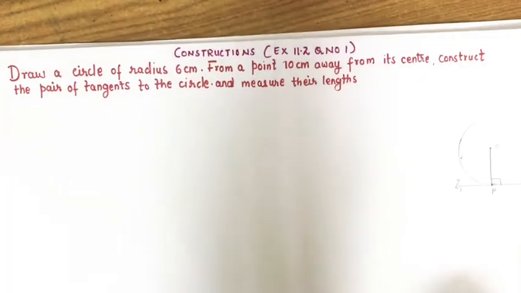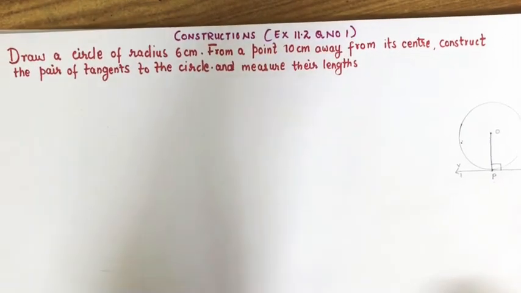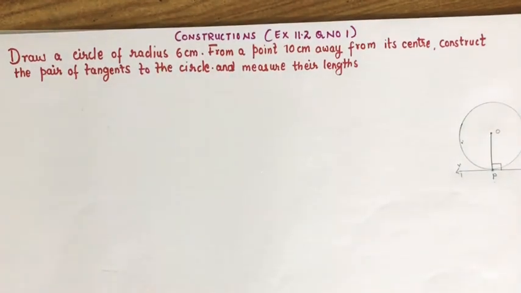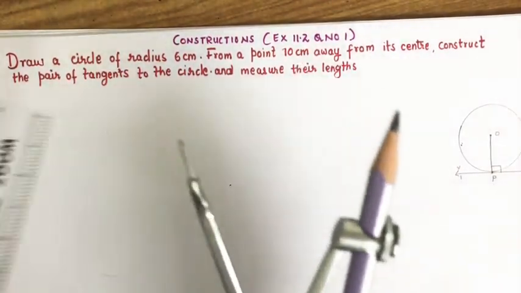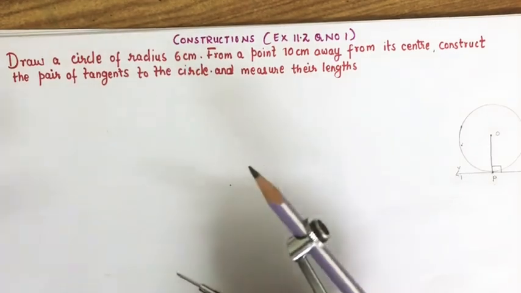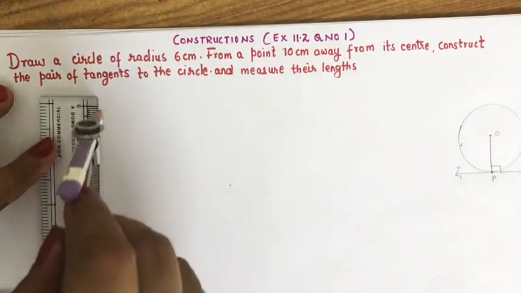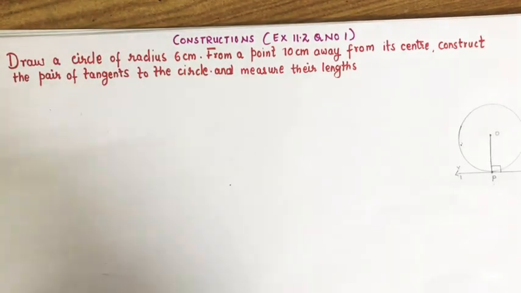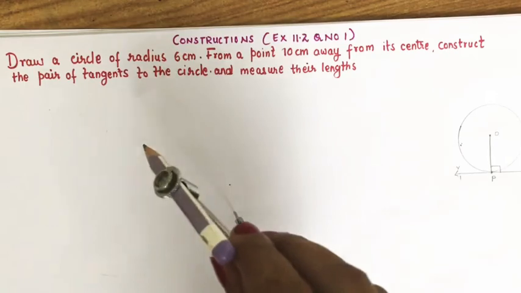It is written, draw a circle of radius 6 centimeter. So children, first we need to draw a circle of radius 6 centimeter, right? First we need to open the compass to 6 centimeter. All of you can do it easily. You can measure 6 centimeter on the scale, and then you can draw a circle of radius 6 centimeter.